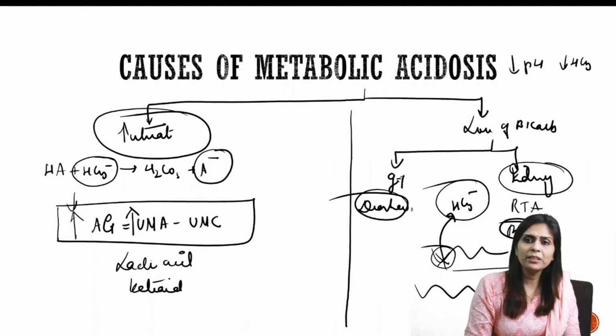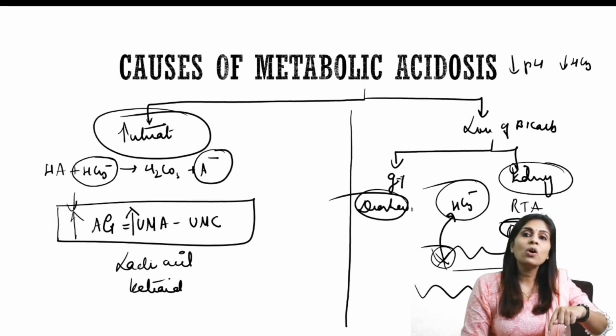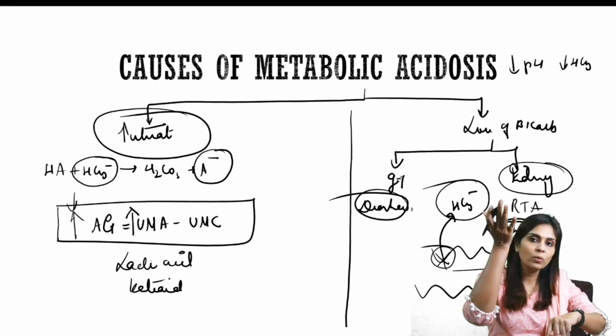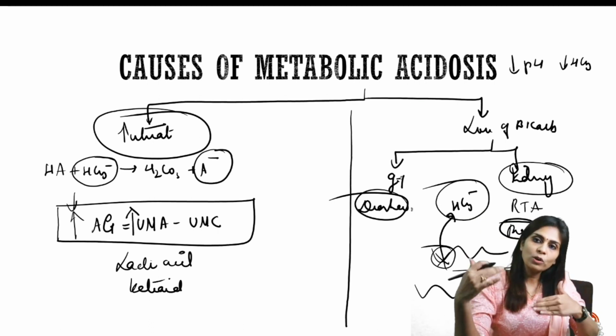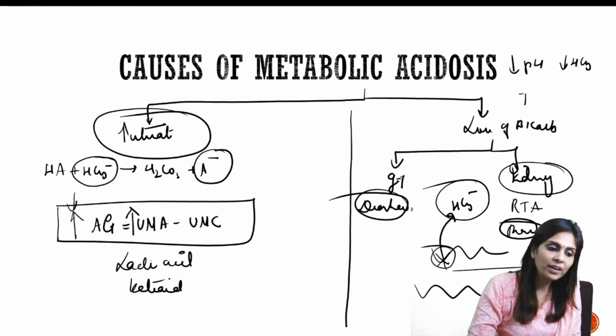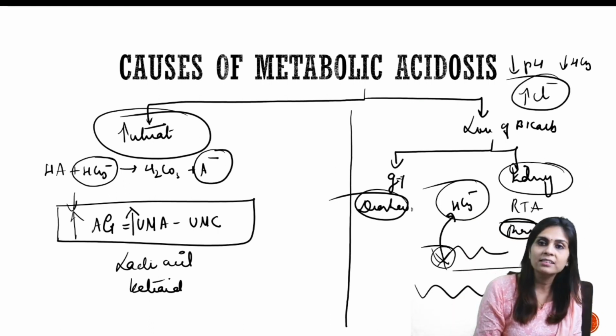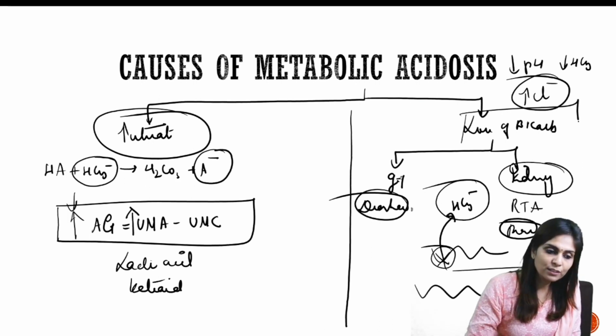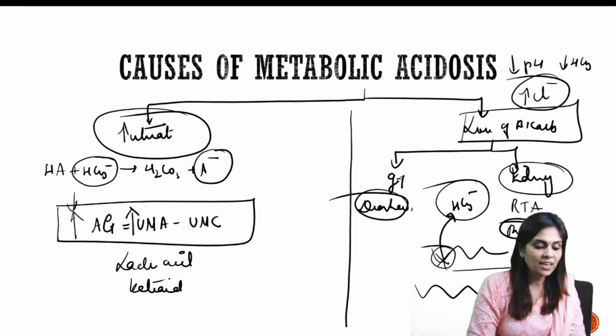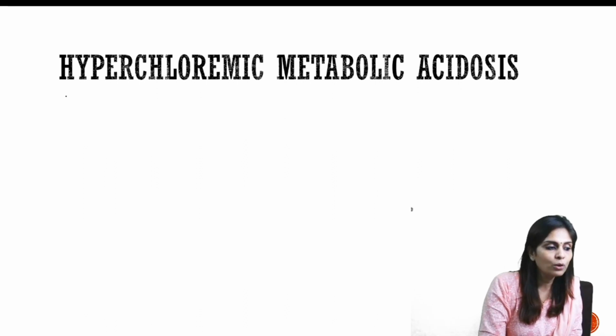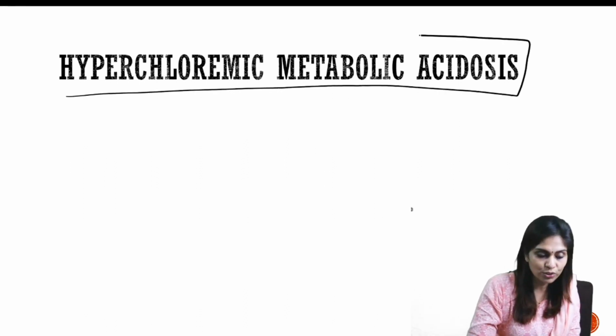Now, whatever may be the route of loss of bicarbonate, the loss of bicarbonate will be compensated by a gain in chloride. So, in both these forms of loss of bicarbonate, chloride concentration increases. And that is why this form of metabolic acidosis is otherwise called hyperchloremic metabolic acidosis.